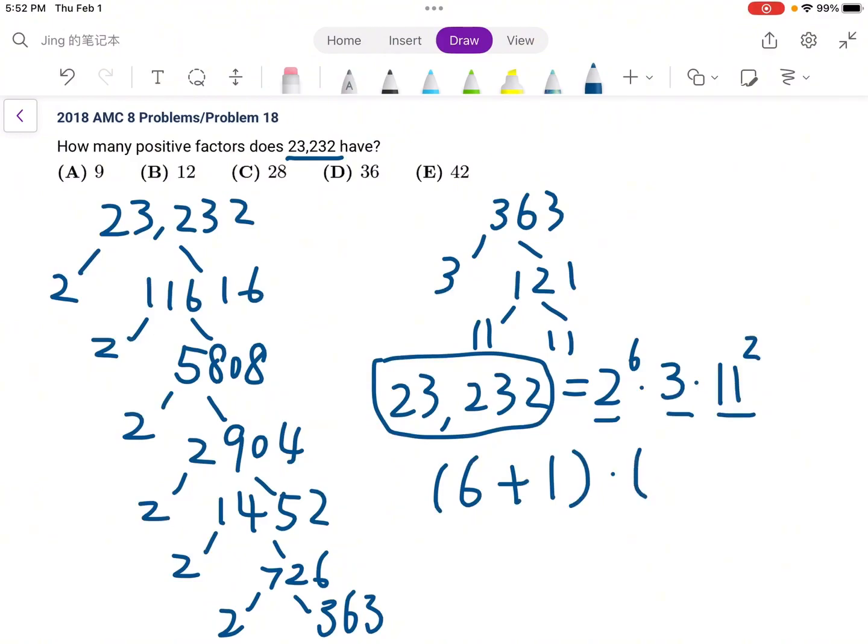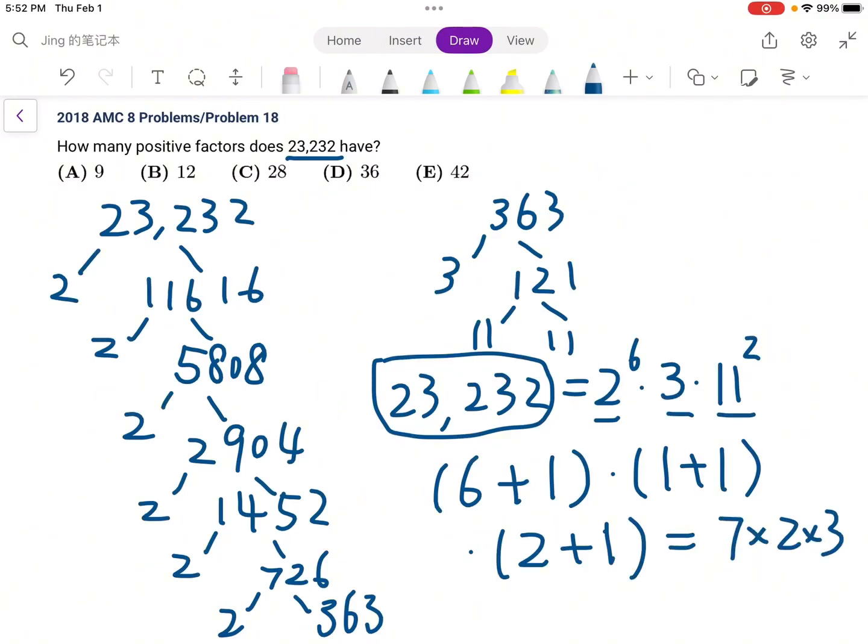Similarly, for 3, we will have 1 plus 1 choices. For 11, we have 2 plus 1 choices. And we multiply them together, we get 7 multiplied 2 multiplied 3 equals 42 total choices.